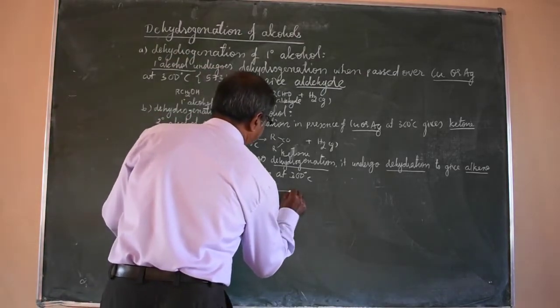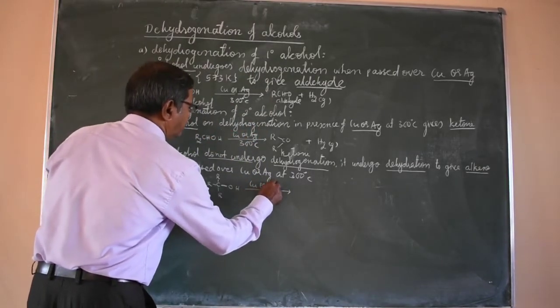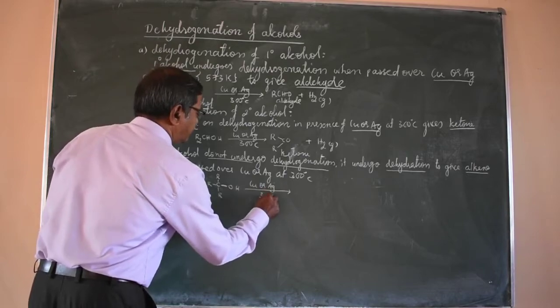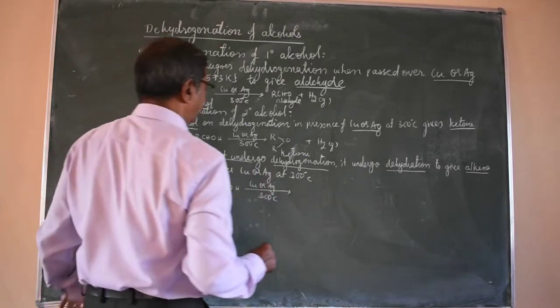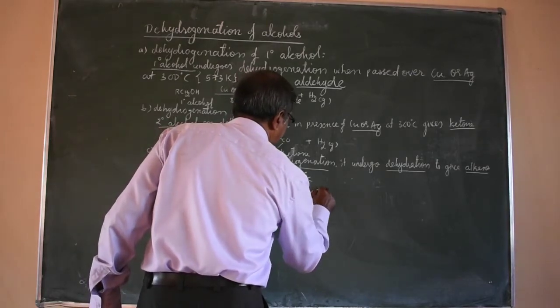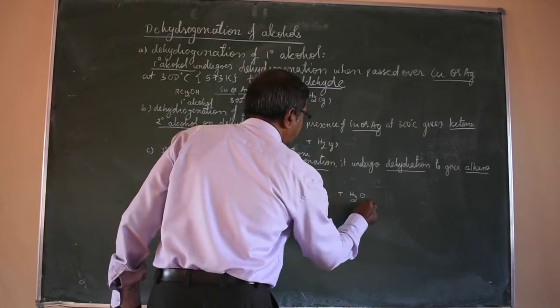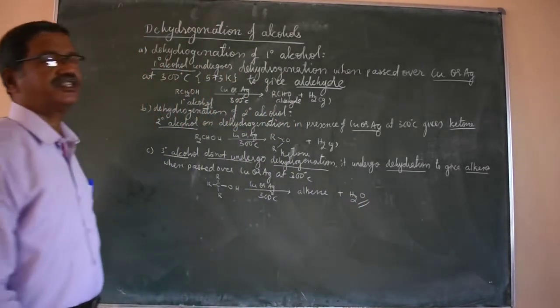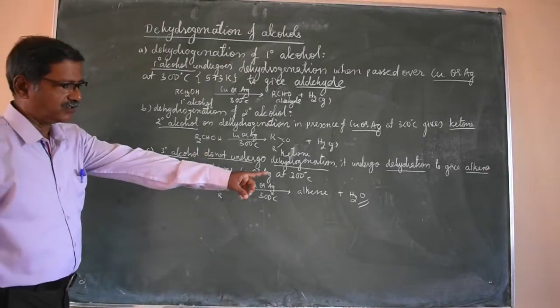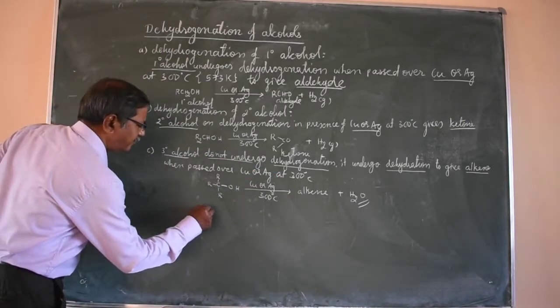Instead of that, it undergoes dehydration when passed over copper or silver at 300 degrees Celsius to give alkene. Alkene is the product. One more is H2O. Remember, not H2. H2 is not formed, so underline that one. It is H2O.